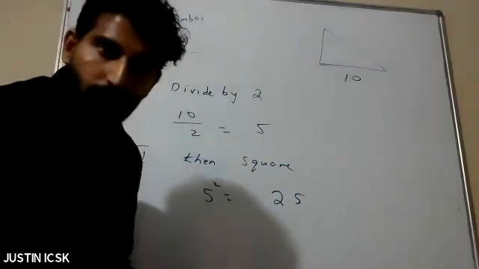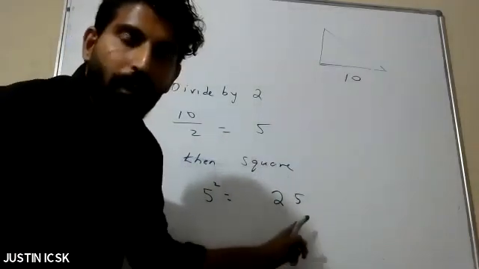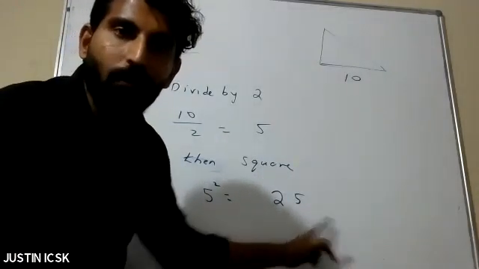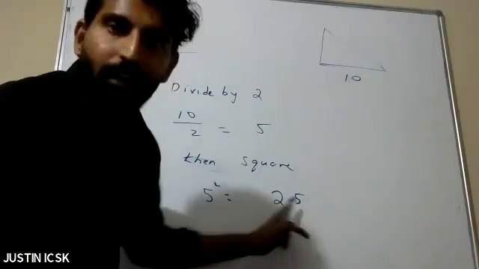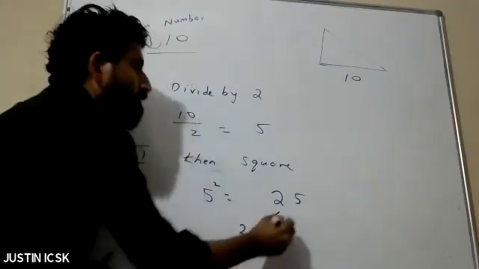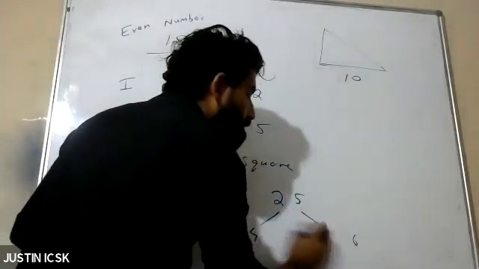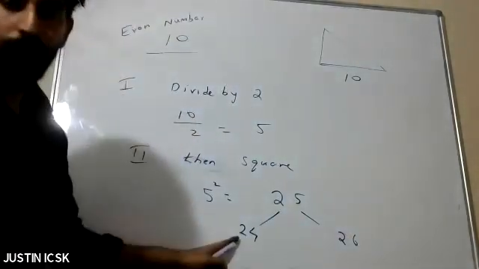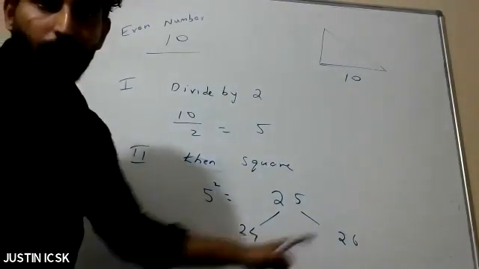Then take both sides. Previously it was 0.5, now it isn't, that's why we are taking the before number and the after number. Before number is 24, after number is 26.